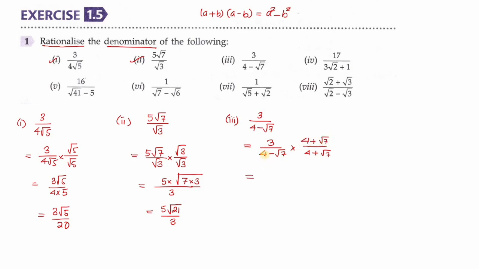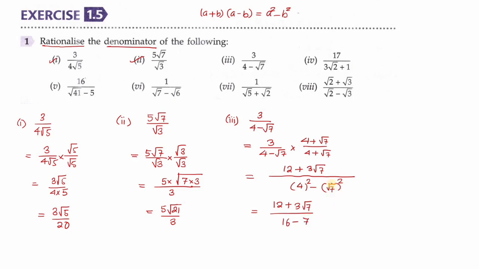Now a minus b into a plus b is a square minus b square. What is a? A is 4, b is root 7. In the numerator, 3 into 4 is 12, plus 3 into root 7 is 3 root 7. So we have 12 plus 3 root 7 by, 4 square is 16 minus root 7 square is 7.